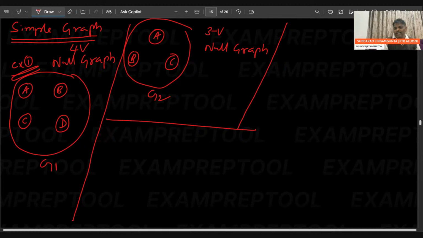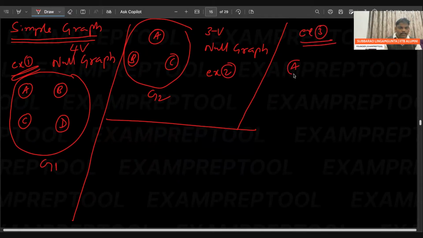If the graph contains 3 vertices, it is a 3 vertex null graph, because number of edges are 0 and vertices are 3. 4 vertex null graph, number of edges 0, 4 vertices. That is example 2. Let's go to example 3.